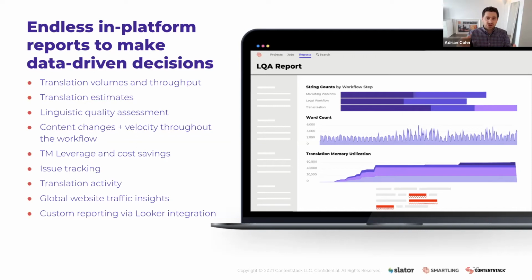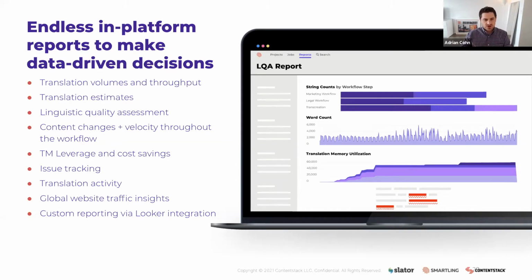You'll be able to track how much money you're saving by leveraging your translation memory, which is an active TM. It's automatically updated and automatically applied to your content. And there are a whole lot of other data points you can analyze throughout the translation process that are easily accessed by our customers, which enables you to make better data-driven business decisions. So I think that's a pretty valuable part of the toolkit.